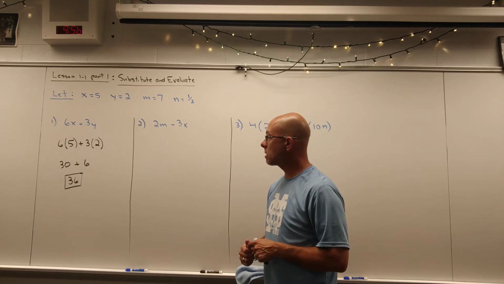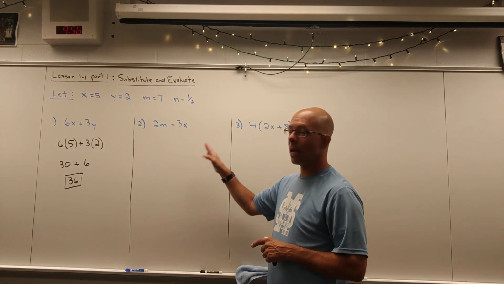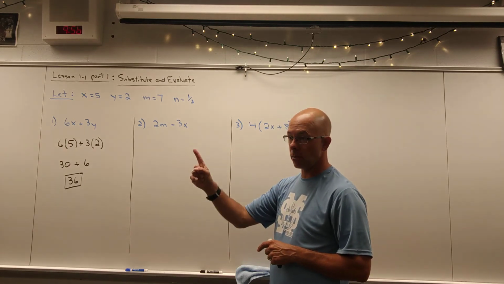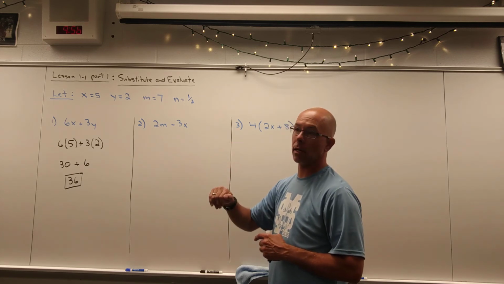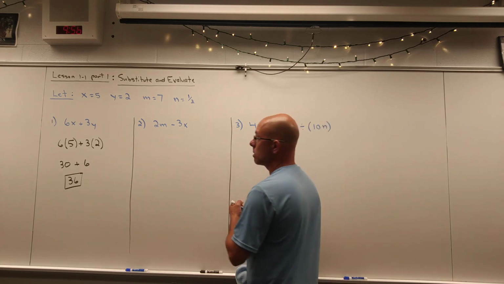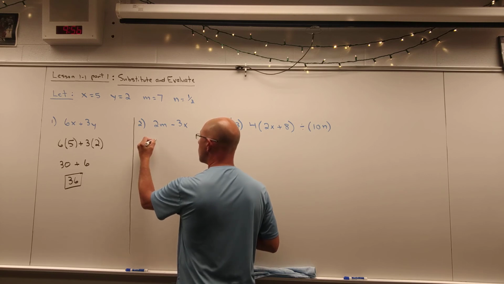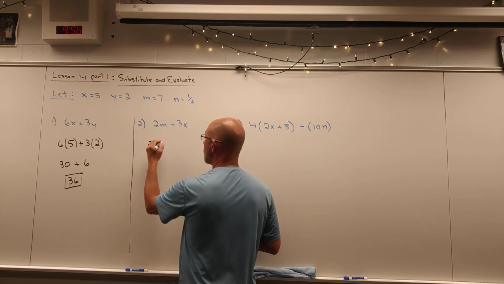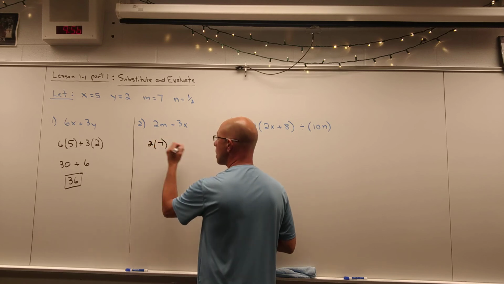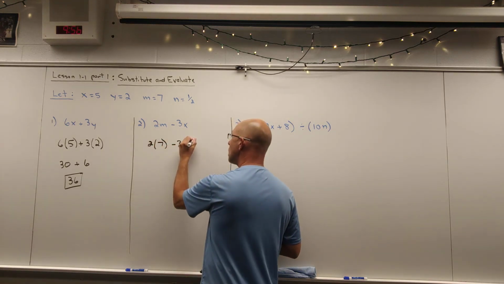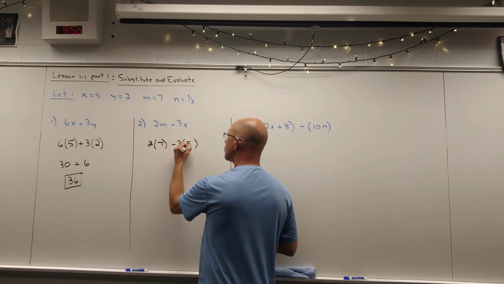Okay, the next one is very similar. 2m minus 3x. That's 2 times m minus 3 times x. Substituting those numbers in. So we'll do 2, m is 7. I'm doing the parentheses version this time, minus 3, x is 5.